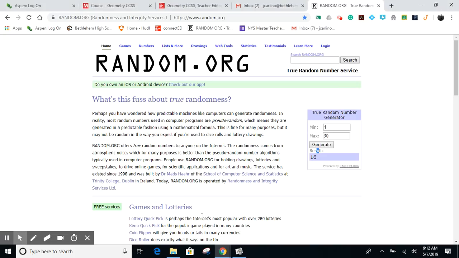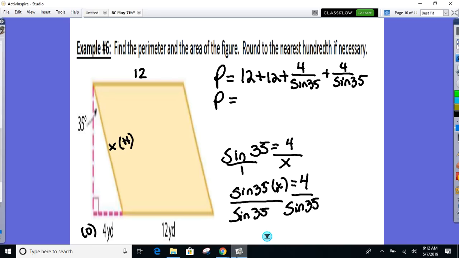And nearest hundredth when you're ready. Nice, 37.95 yards.